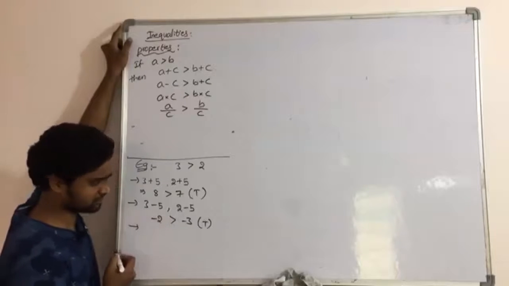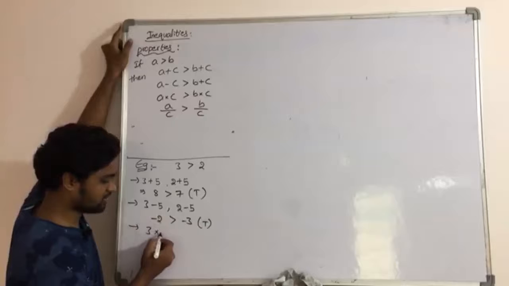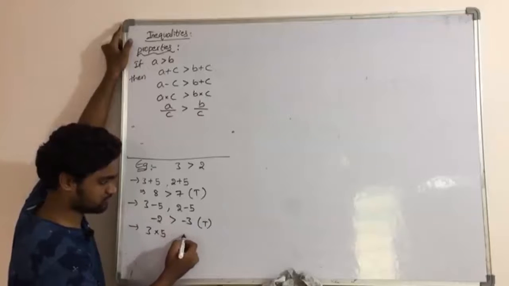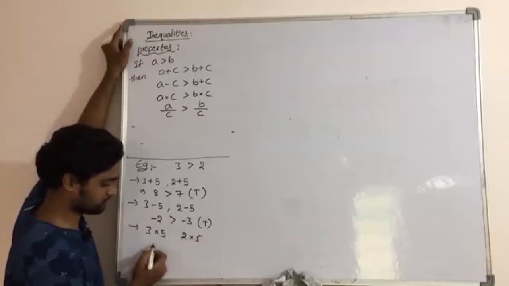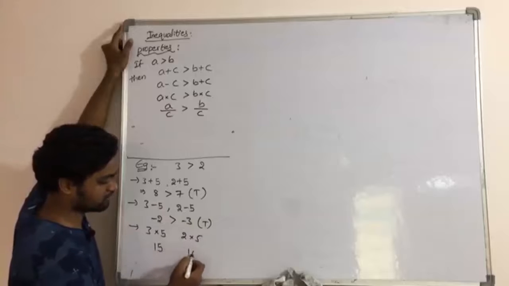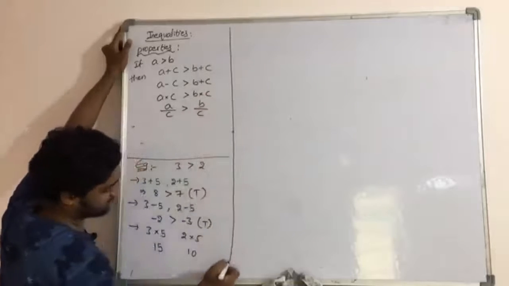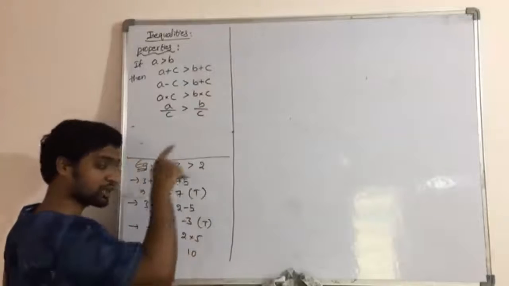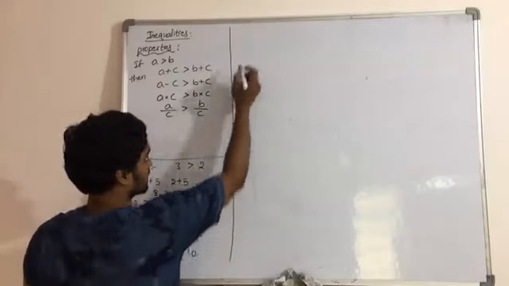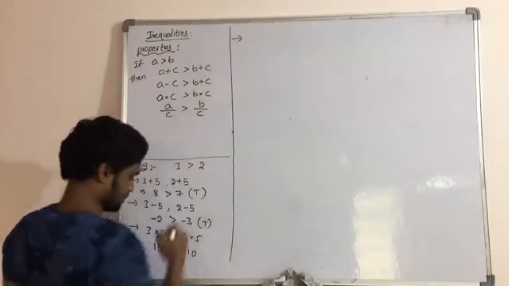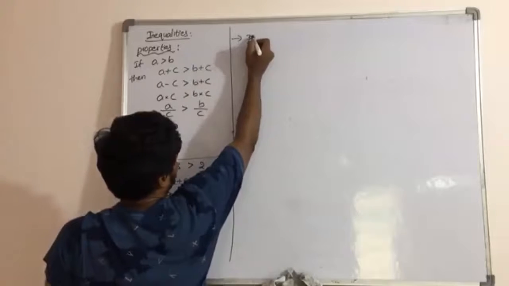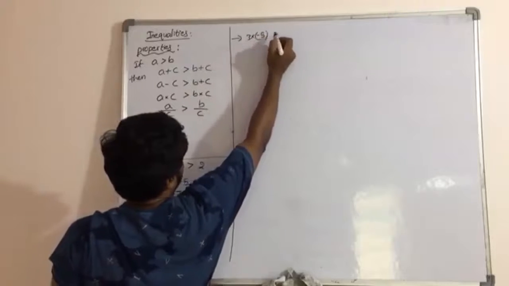Now coming to product. 3 into 5, 2 into 5, 15, 10. Next example, for the product property itself. 3 into minus 5.